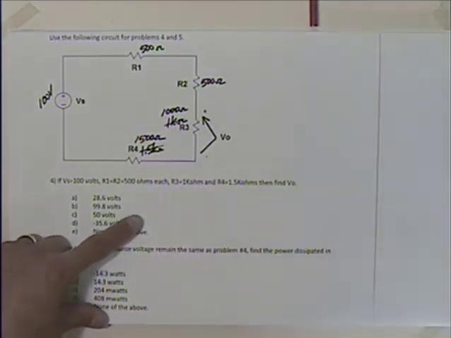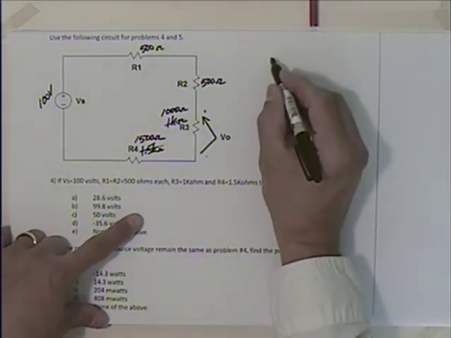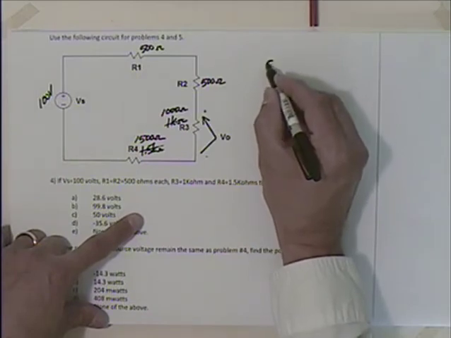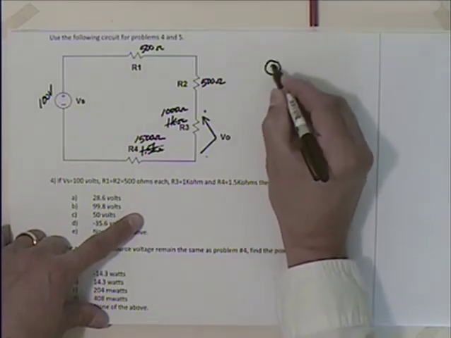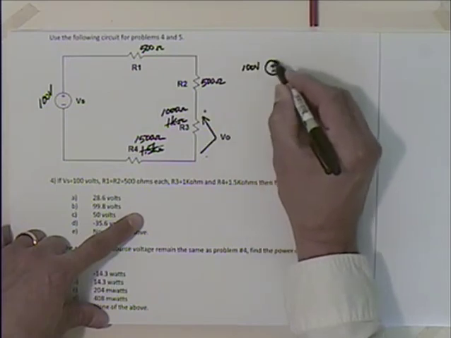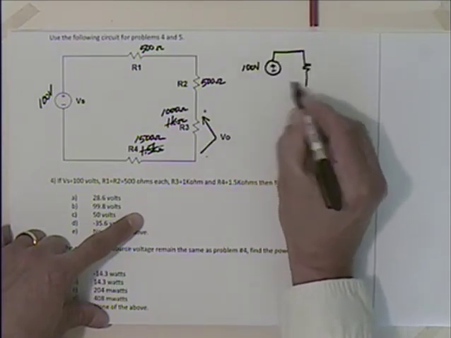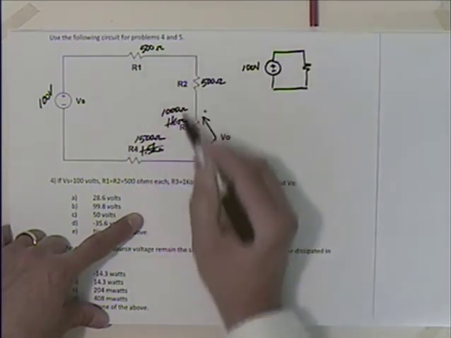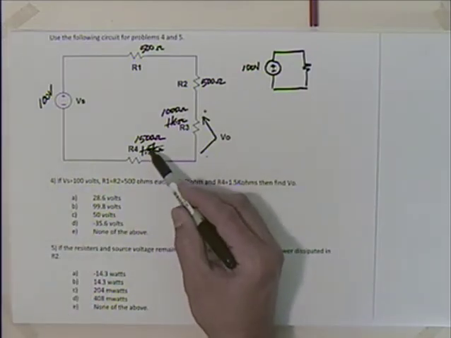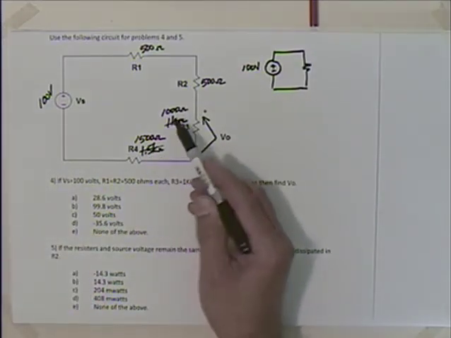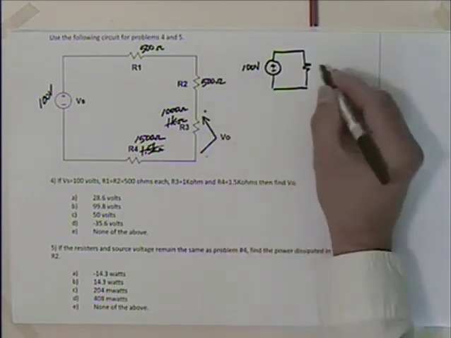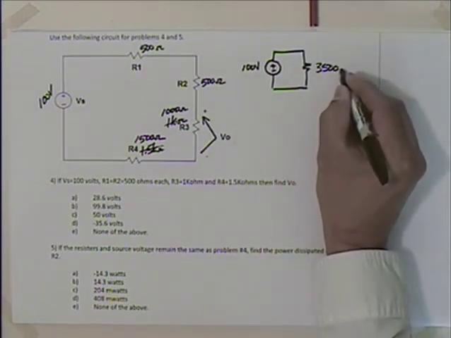And then if we wanted to, we could do some simple circuit simplification and say that we have this 100 volts here and reduce this all to one resistor. Well, these resistors are all in series, so I'd have 1500 plus 1000 is 2500 plus 500 plus 500 is what? 3500 ohms.